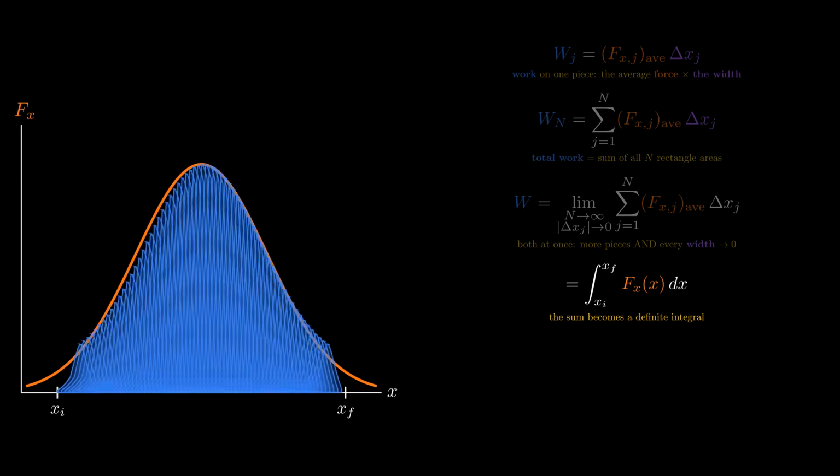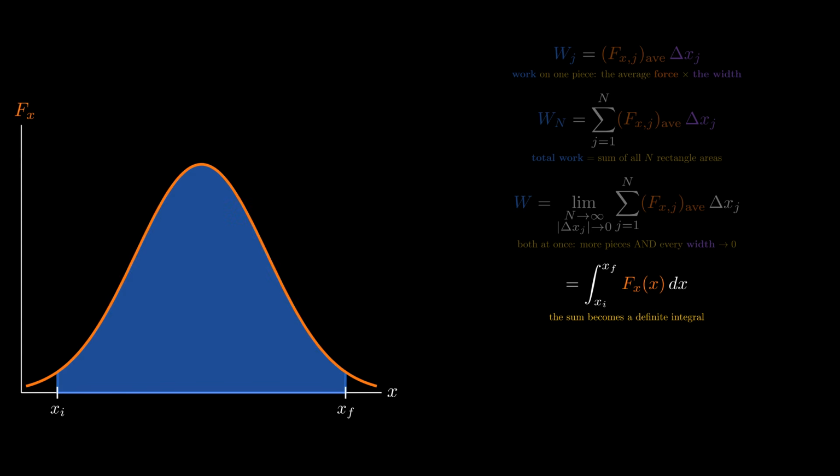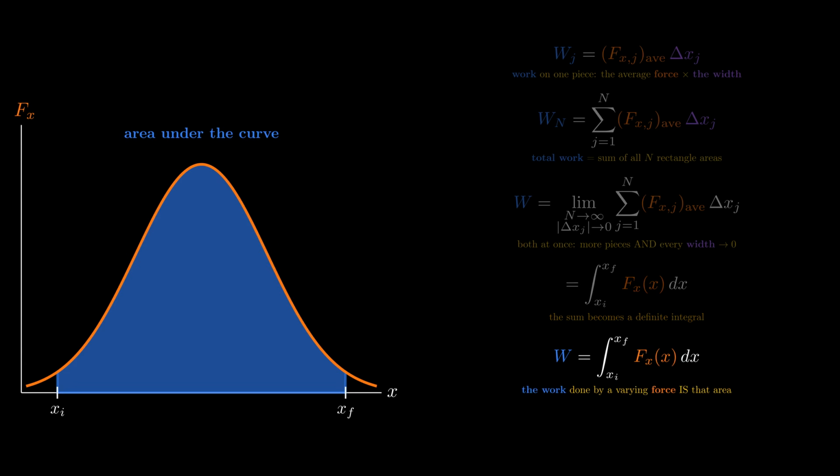W equals the integral from x sub i to x sub f of F sub x of x dx. Geometrically, the work done by a varying force is the area under the force versus position curve between the endpoints. Keep that picture. Every result that follows is an area.